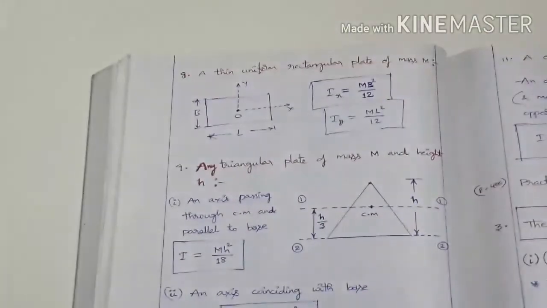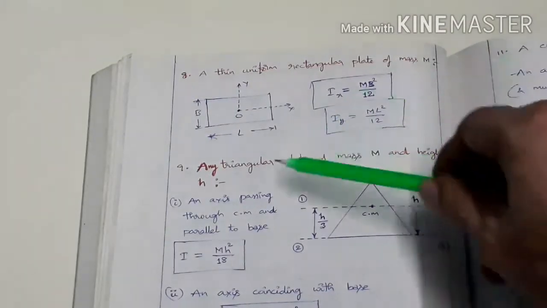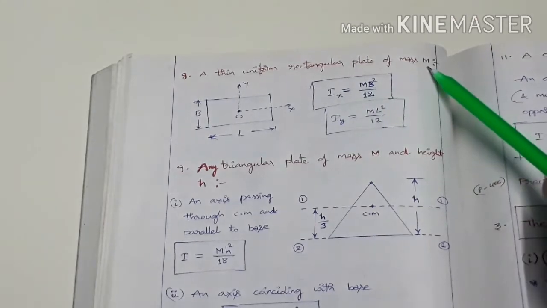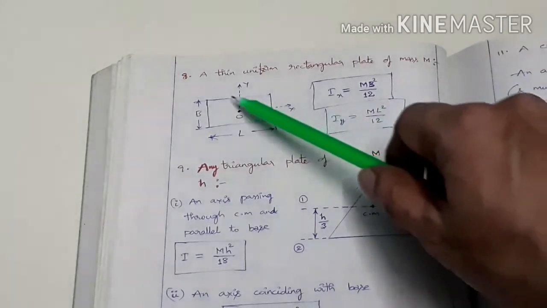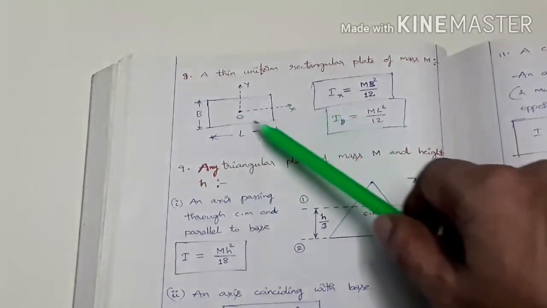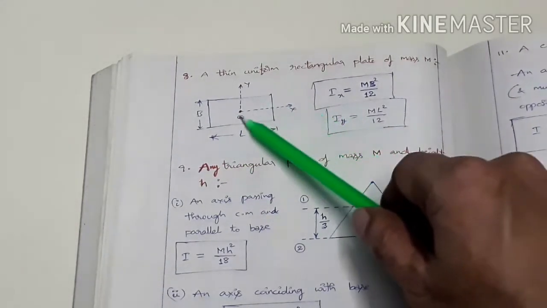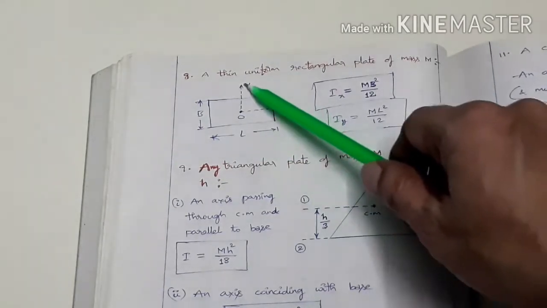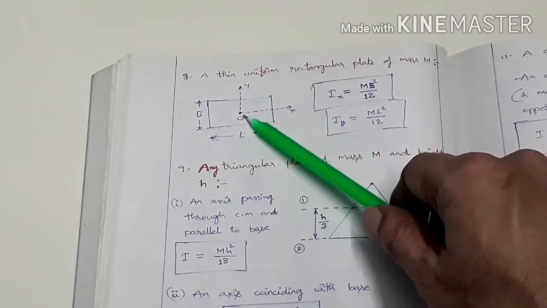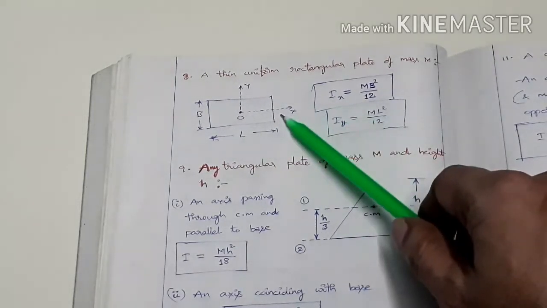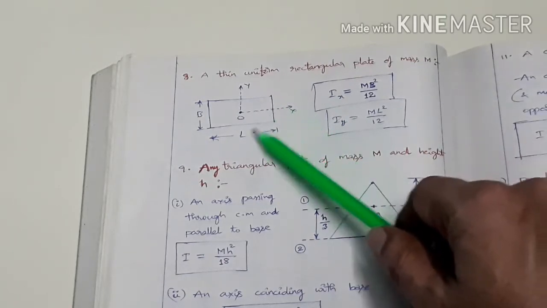A thin uniform rectangular plate of mass capital M here. So this is a rectangular plate of length L and breadth capital B. Here we are considering one axis, the x-axis, which is passing through the center of mass. Another one is the y-axis, which is also passing through the center of mass of the rectangular lamina. So moment of inertia about the x-axis: the x-axis is cutting the breadth but not the length here.